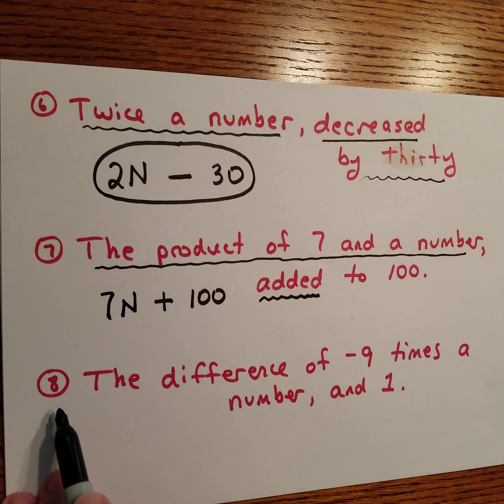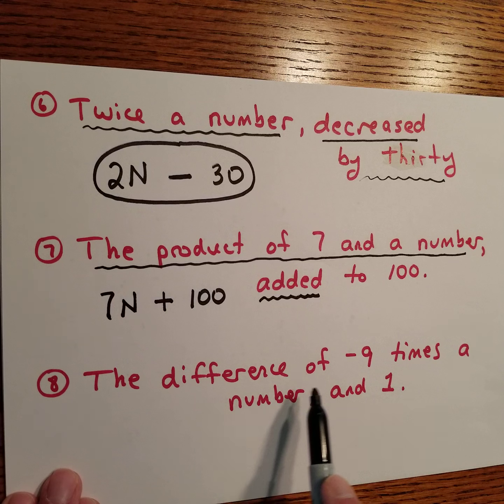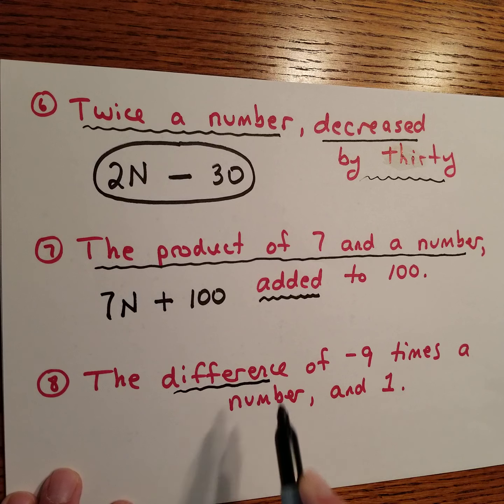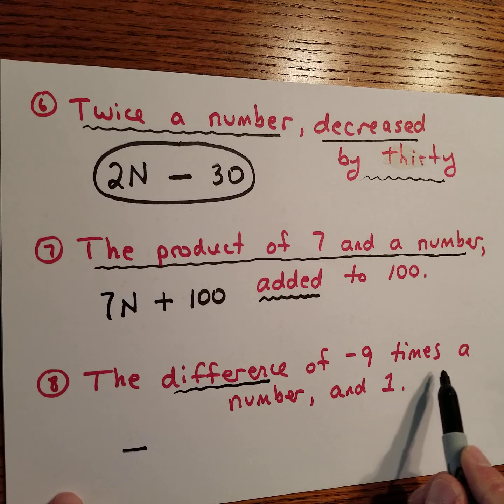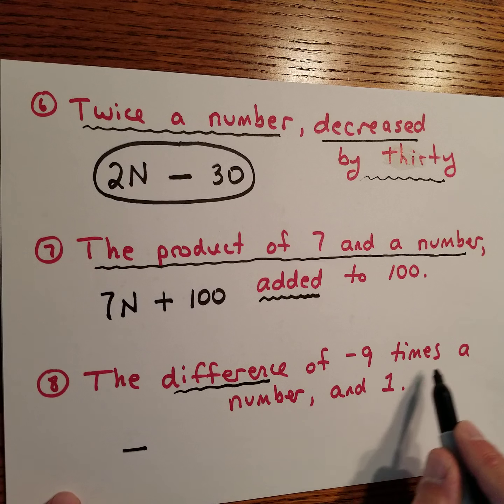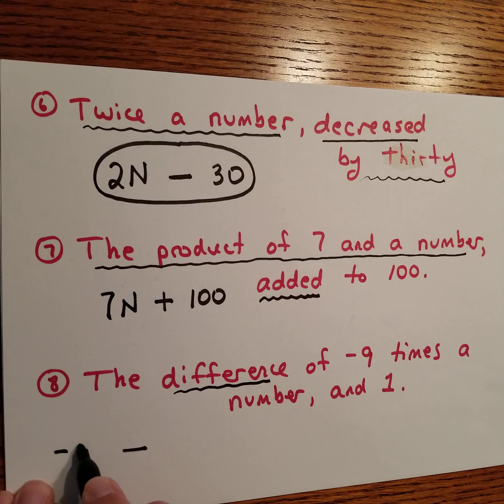Let's try number 8. Scan through and find your math words. I see the word difference. Difference is subtract. I need the difference of -9 times a number and 1. -9 times a number looks like this.